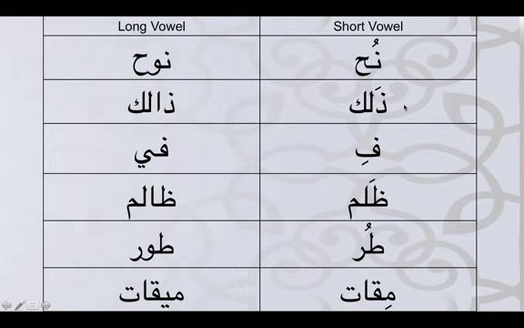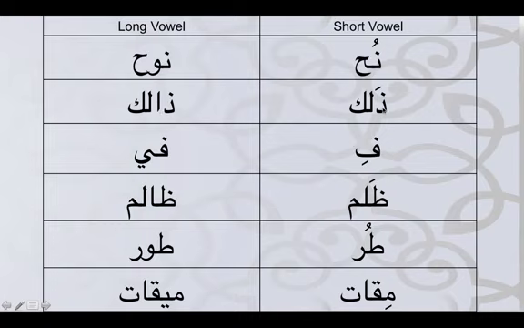Okay? Next, I've created an example of the short vowel we just discussed a second ago. This is a Fatha. I have placed a short vowel, the Fatha, on the letter Dhal. But in the next word, I have replaced it with the letter Alif. So the longer vowel cousin of the short vowel Fatha is the letter alif.